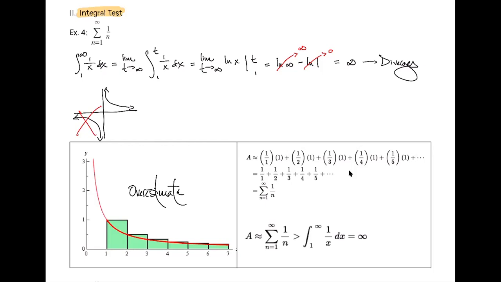So if you look over at this top part over here, this is just like an approximation of the area, okay? Now, remember when we're looking at series and sequences, we're looking at not the whole curve, but singular points.